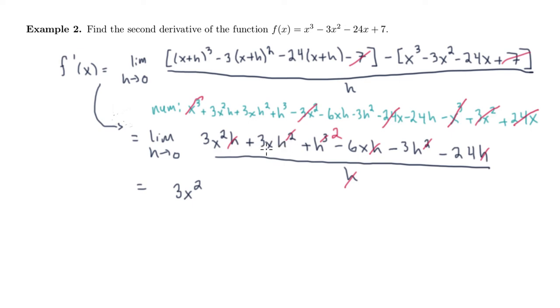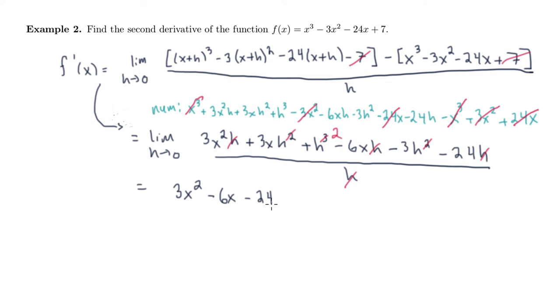So h goes to 0. Here h goes to 0. Here, this is just minus 6x, so that's left. This 3h has a factor of h, so that goes to 0, as h goes to 0. And then we have minus 24. Okay, so that's the derivative.